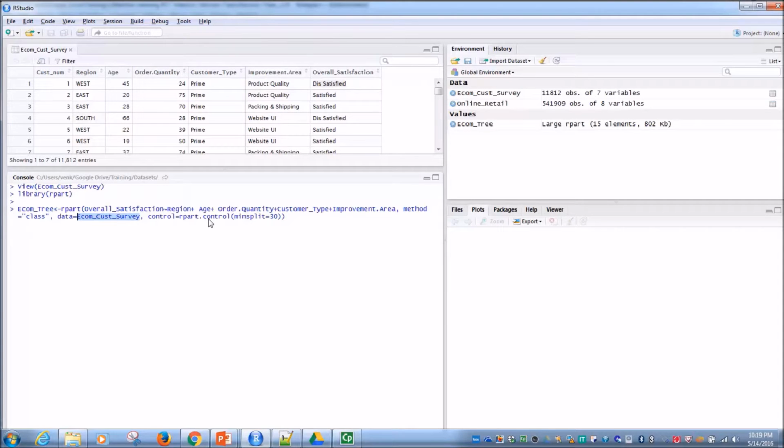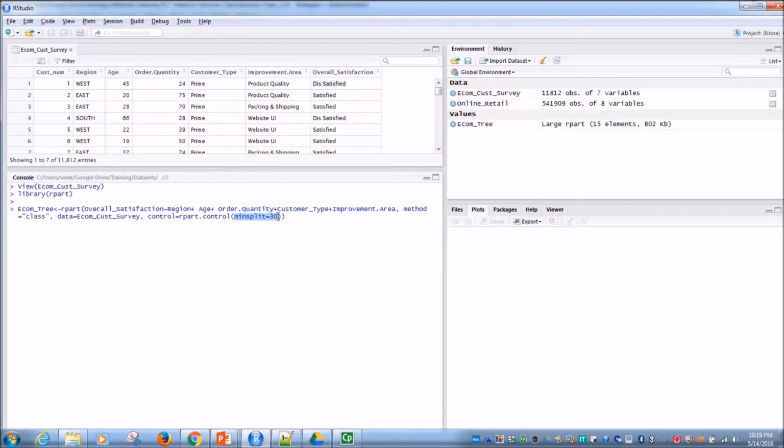more parameter that we are also passing, that is control equal to rpart control, min split equal to 30. What does this mean exactly, min split equal to 30? Now in this decision tree, if you remember, what we are trying to do is take the overall population and divide it into bins, or split it into sub segments, subsets.